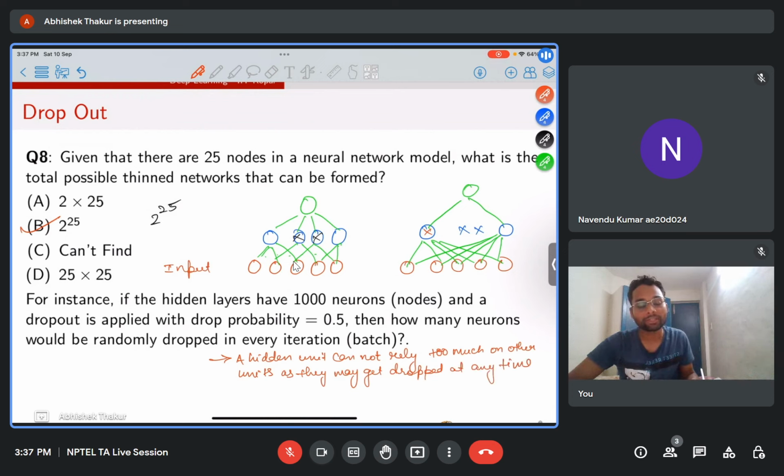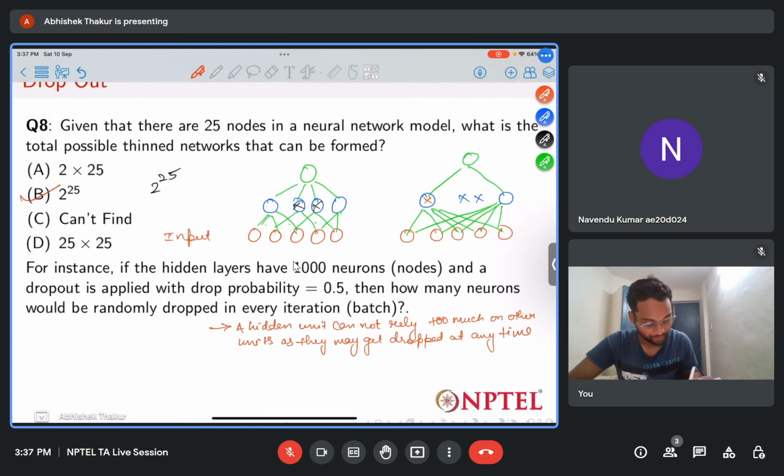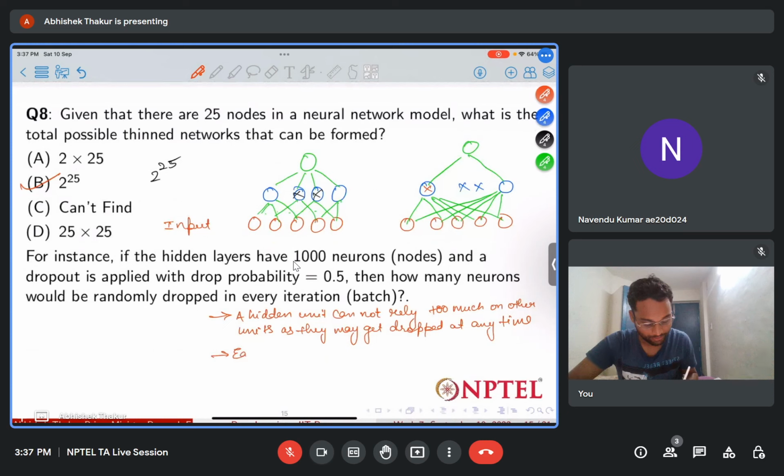And each hidden unit has to learn to be more robust to these random dropouts.